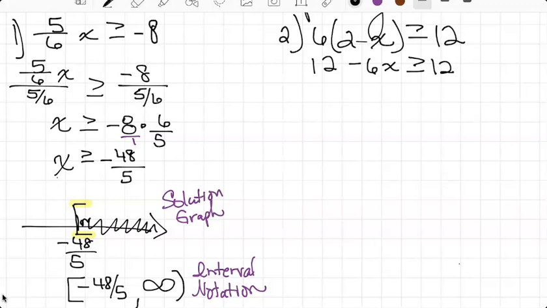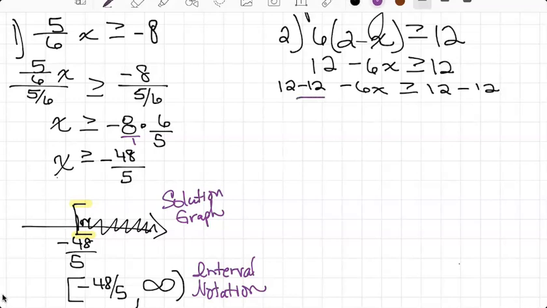Now, if I want the x by itself, first thing I would move is the plus 12, that positive 12. That's on the same side of the inequality as that negative 6x. It's a plus 12, so I'm going to use a minus 12 to move it. If I'm doing it on one side, I have to do it on the other.